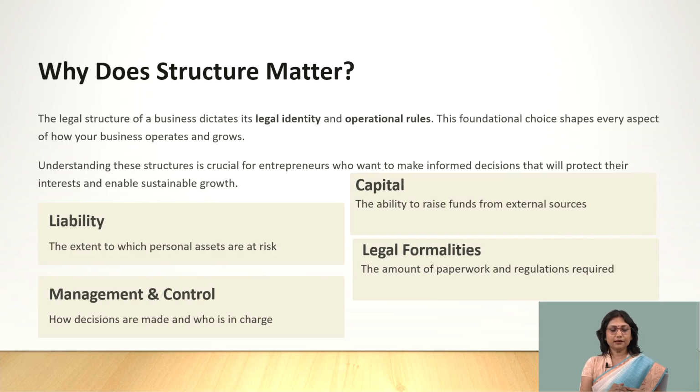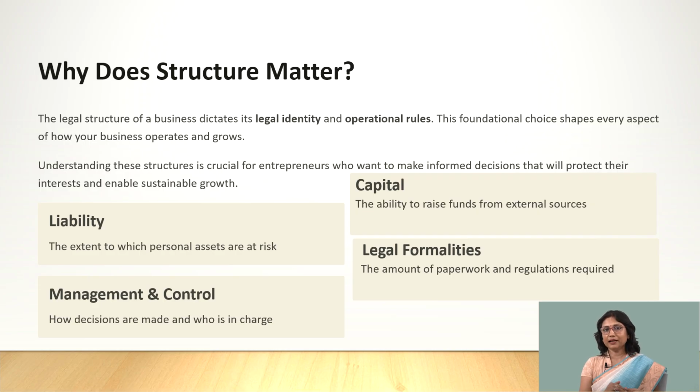The first one is liability. Any business organization offers different freedom as well as restrictions related to liability, related to the capital or the assets, or the personal assets of the person or entrepreneur associated with it. For example, in a sole tradership, we have unlimited liability.